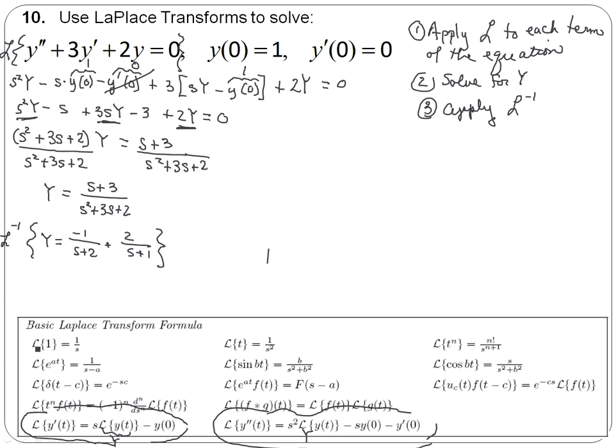And when you apply the inverse Laplace to each term, this inverse Laplace of Y brings you back to y of t. And then that negative 1 pulls out, and the inverse Laplace of 1 over s plus 2 is e to the negative 2t. This 2 comes out. Inverse Laplace of 1 over s plus 1 is e to the negative 1t. And this is the solution to your differential equation.